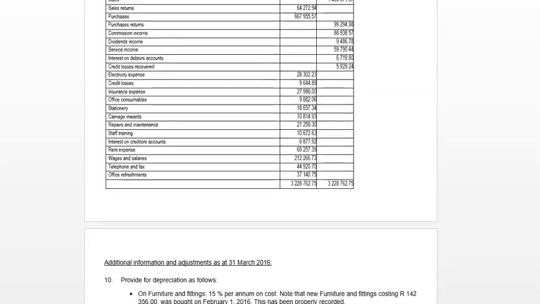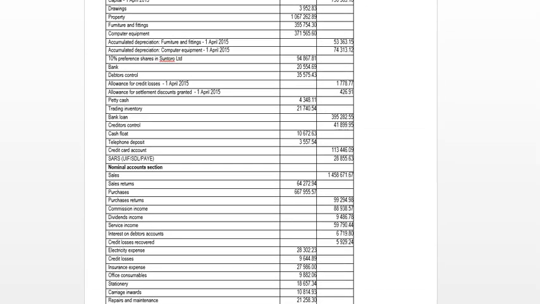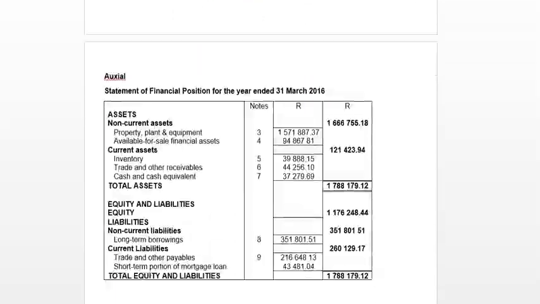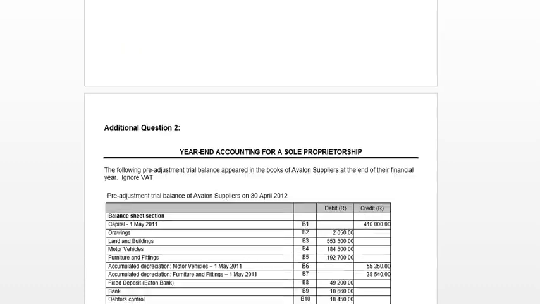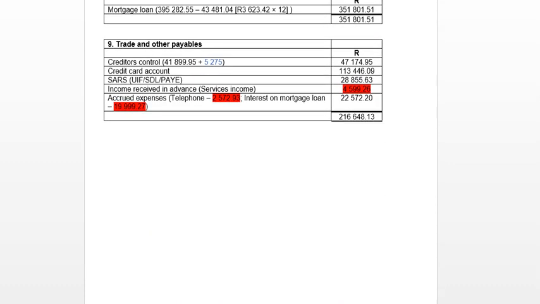Okay, and then the final one is just your trade and other payables. And your trade and other payables, what we have is we've got our creditors control of 31,899.95 cents. We've got our credit card and SARS, what we owe to SARS. And obviously you also need to include your income received in advance and your accrued expenses. Okay, if you add all of that, and then remember that staff training which we had.